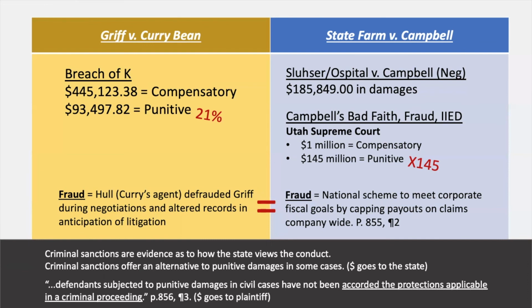The problem is with punitive damages in civil cases, the defendants are not given all the protections that are applicable in a criminal proceeding. And so that's the whole issue the court has here: making State Farm pay $145 million in punitive damages without the protections of a criminal proceeding is unfair, because we're depriving them of due process by taking their property, which is money, away without fair notice or a proper trial.